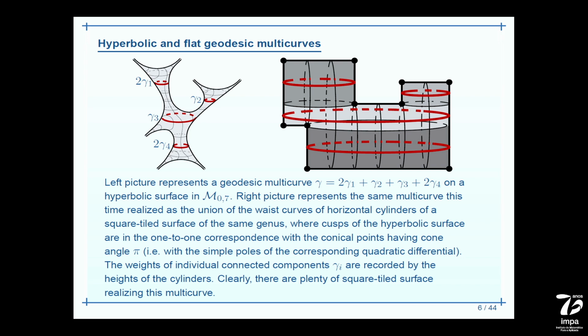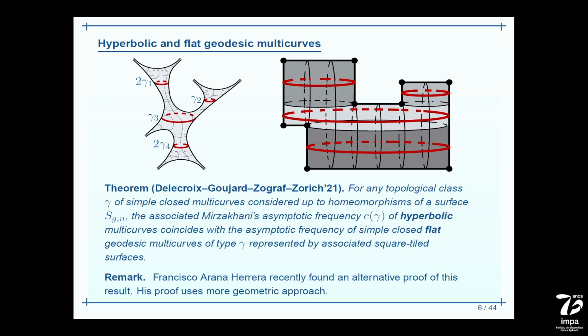So to every square-tiled surface, you can associate the topological surface with a certain number of cusps and the multi-curve on it. And also, when you have a picture like this, I can construct many square-tiled surfaces of this type. And I consider all of them tiled with at most 1,000,000 squares. And now the theorem.